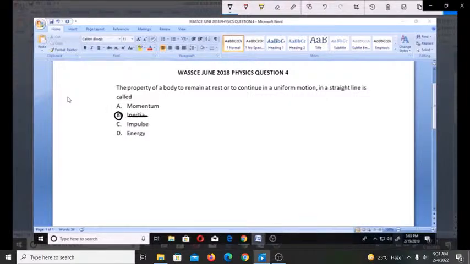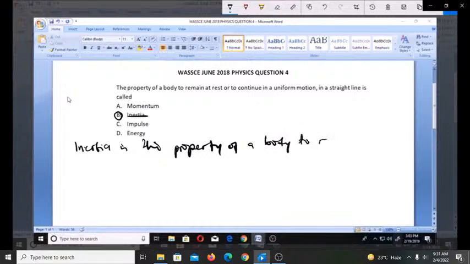But I will also explain the other options. So let's take the definition of inertia first. Inertia is that very property of a body that makes it do what?